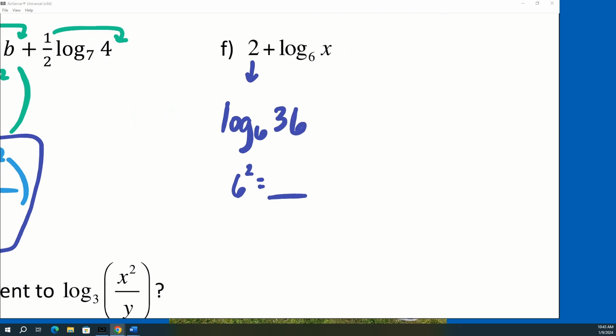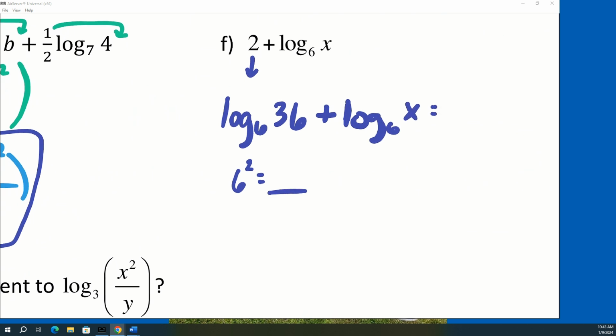So log base 6 of 36 is 2. So I can rewrite it that way and then have a plus log base 6 of x. So now I can bring those together as one logarithm. Kind of tricky. Sometimes these require you to think a little more than other times.